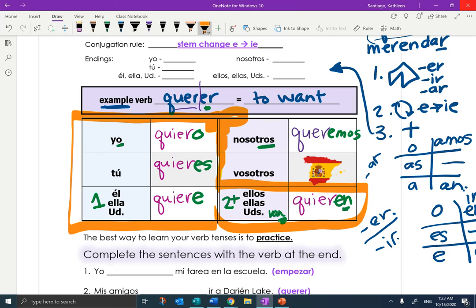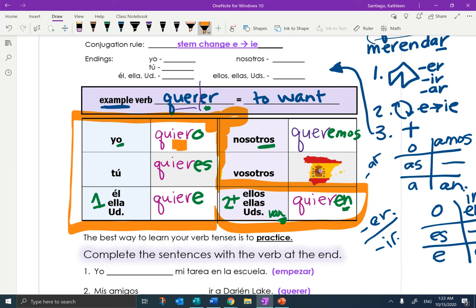I'm drawing in my boot because everything inside the boot has taken that stem change from E to IE. Okay, so let's repeat it. Yo quiero, tú quieres, él, ella, usted quiere, nosotros queremos, and ellos, ellas, ustedes quieren.